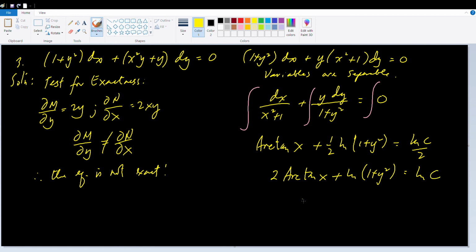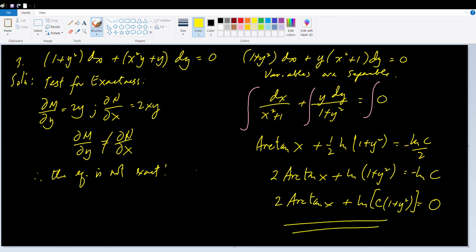Or 2 arctangent of x plus, let us use here negative ln of c over 2. So that when we transpose this, it becomes positive ln, and it combines with ln of 1 plus y squared, or simply c times (1 plus y squared) equal to 0. Okay? So even if the equation is not exact, we can find a way of finding the solution to the given differential equation.